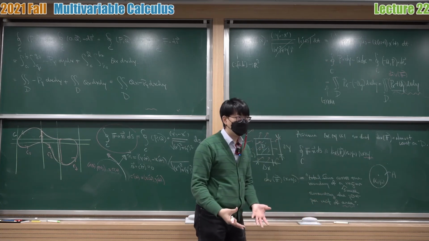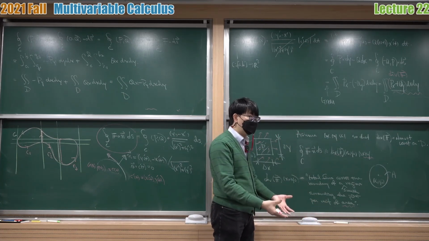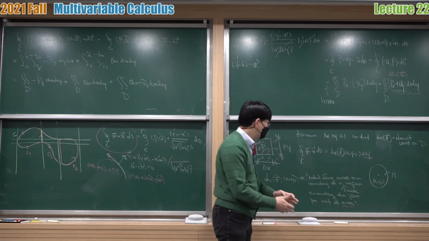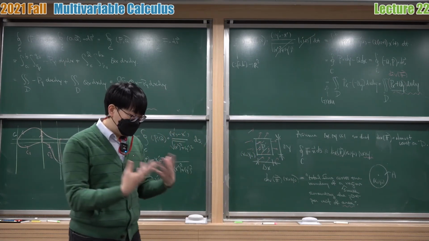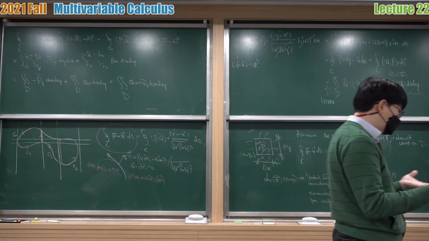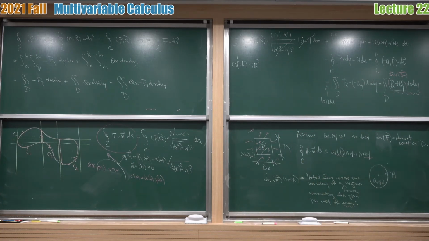Okay, the per unit of area. So that kind of gives you an idea of what this divergence means in a physical sense. Suppose that you have somehow a dispersing particle at this point, or a spring of water that's flowing out at this point, and you try to measure how much water is flowing.